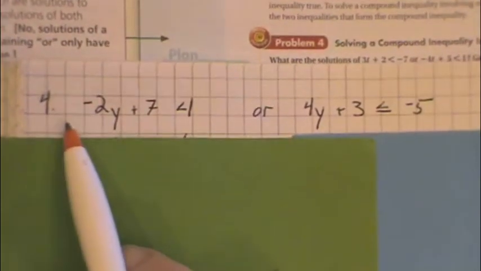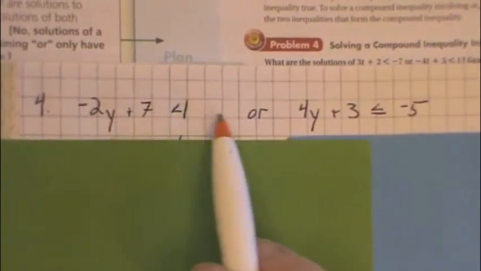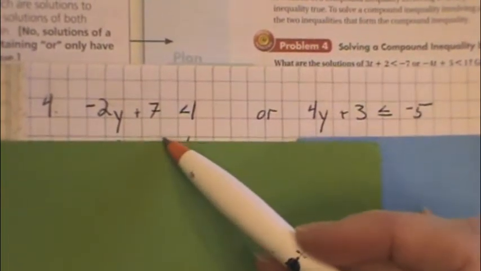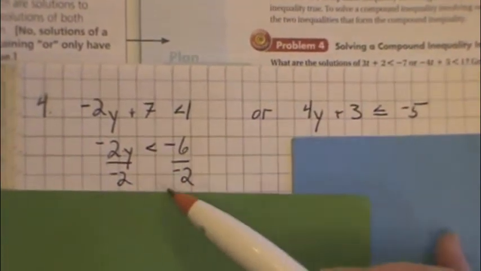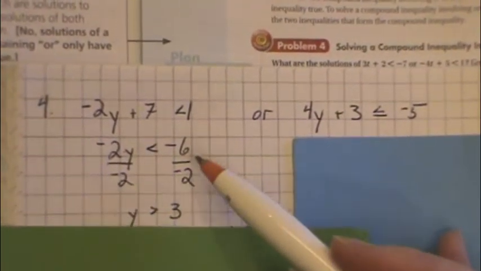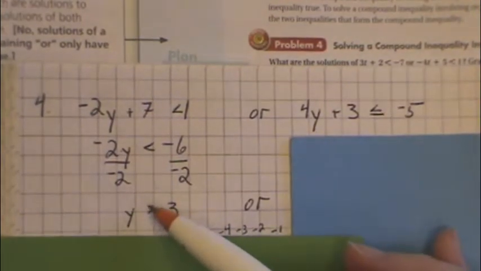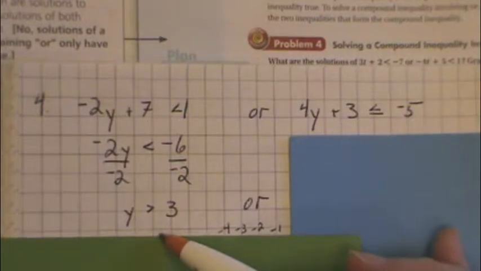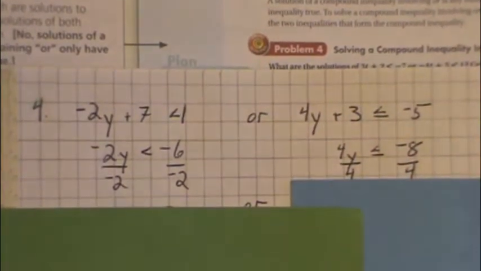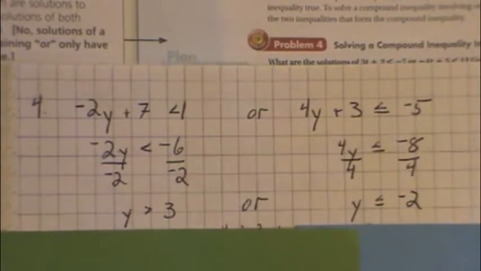So here's what you should have written in your book. Problem 4, both inequalities, and we're going to start with one at a time. So negative 2y less than negative 6, divide by negative 2, and I did not forget this time, flip the inequality sign. Y is greater than 3. Now come back to the top on this side. 4y is less than or equal to negative 8, divide by 4, y is less than or equal to negative 2.